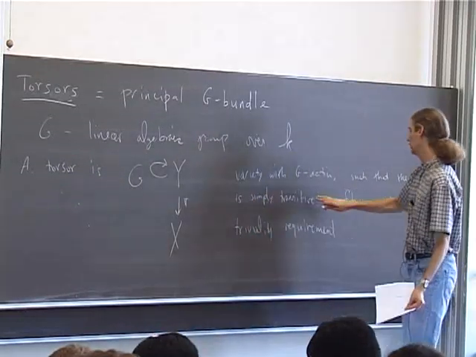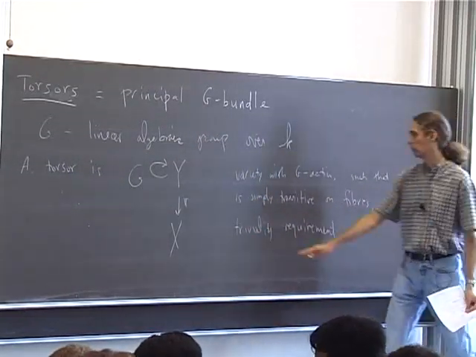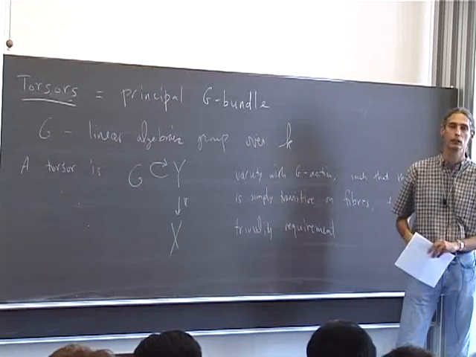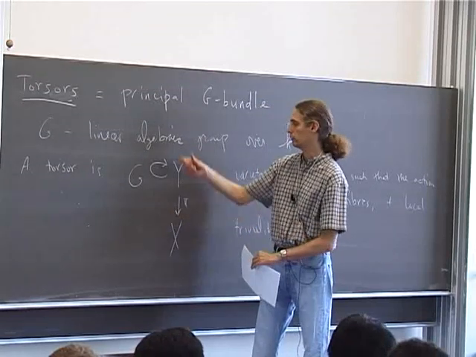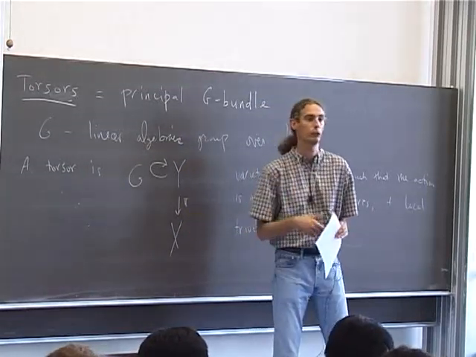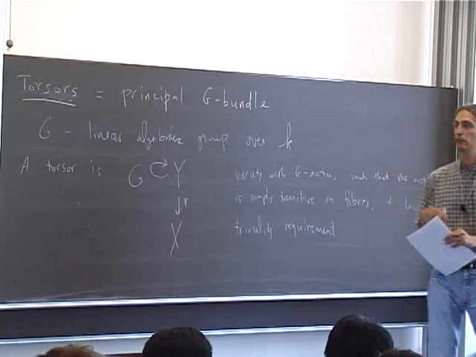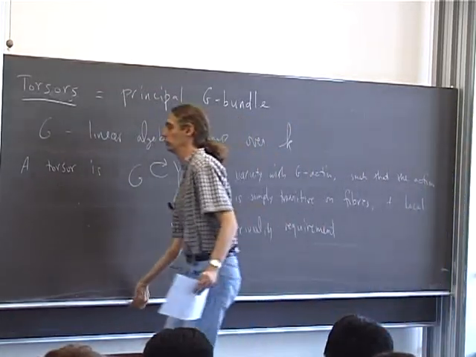But this is a statement about geometric points, and then there's a local triviality requirement, which says that it's locally, in a suitable sense, a product with G. So a trivial G torsor would just be product trivial G torsor.